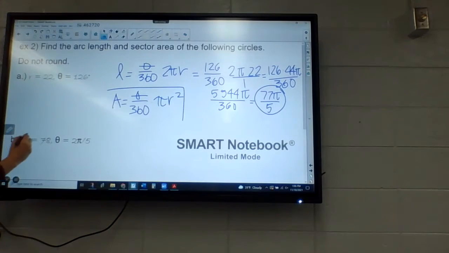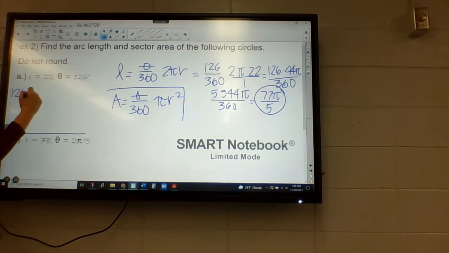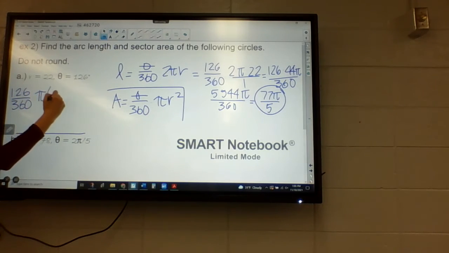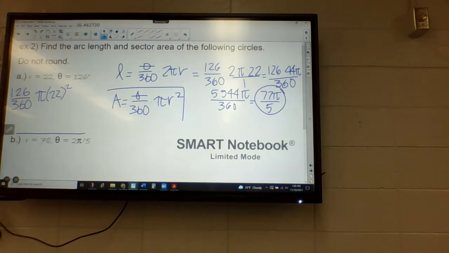Now area, so 126 over 360, sorry, times pi r squared. Again, I get some big number here.